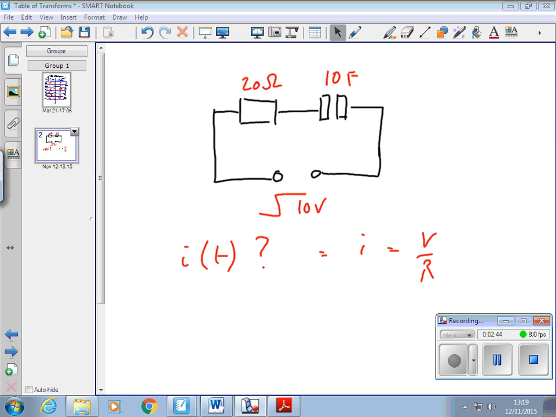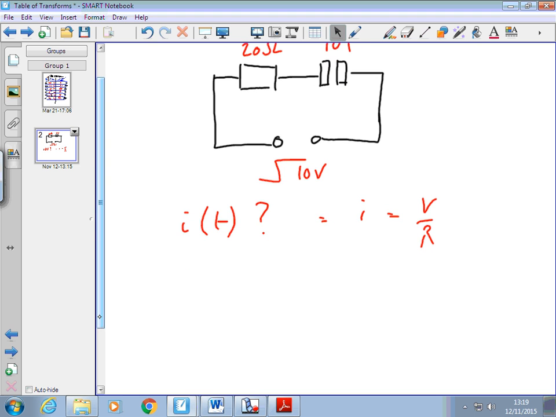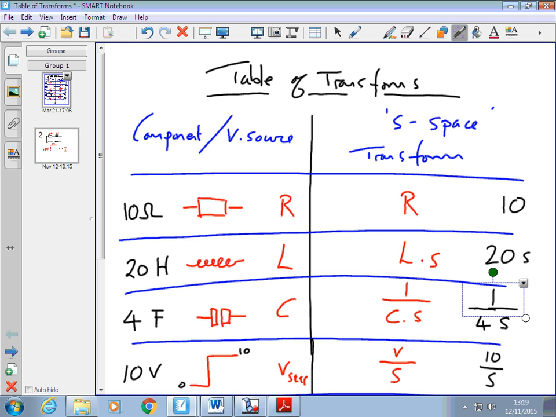Okay, here's the overall method. We want the voltage and we want the resistance. What we need is to transfer this voltage into S space using a Laplace transform. So we look at our table of transforms and what we do with supply voltages.